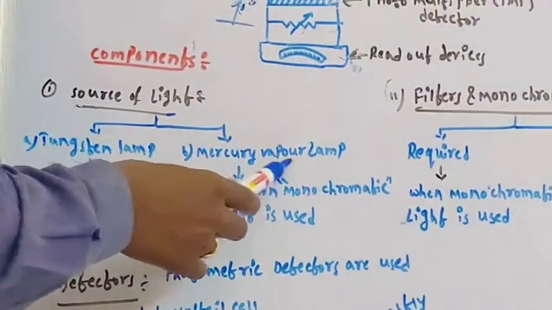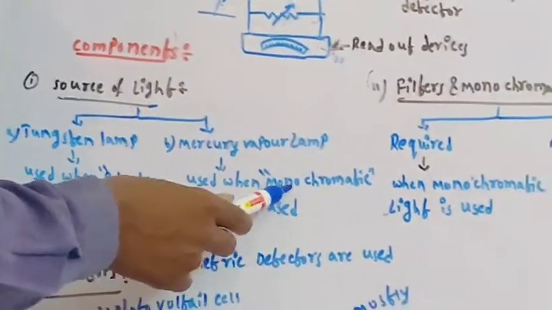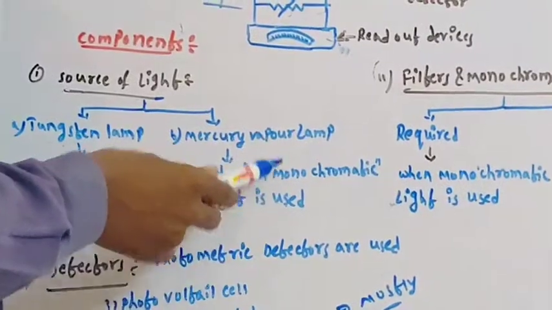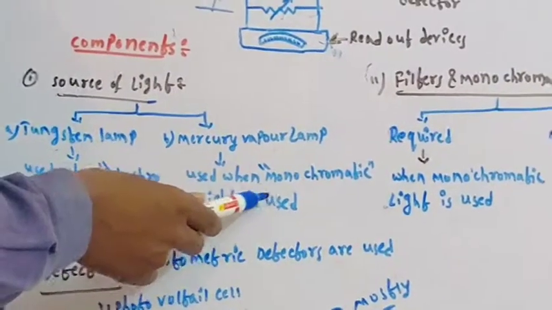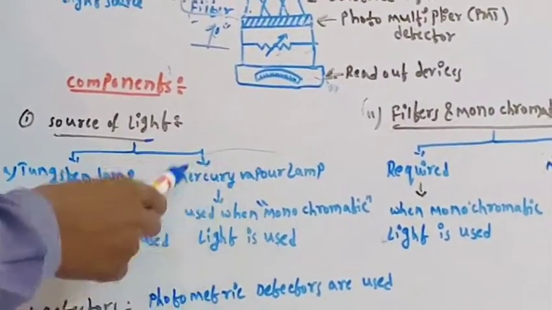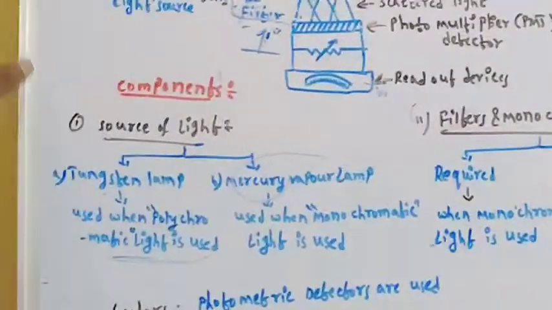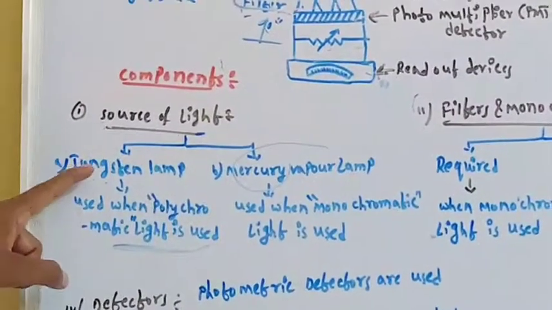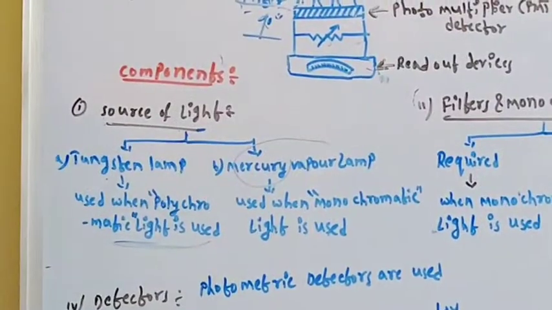The mercury vapor lamp is used when monochromatic light is used for the analysis. These are the sources of light, either tungsten or mercury vapor lamp.